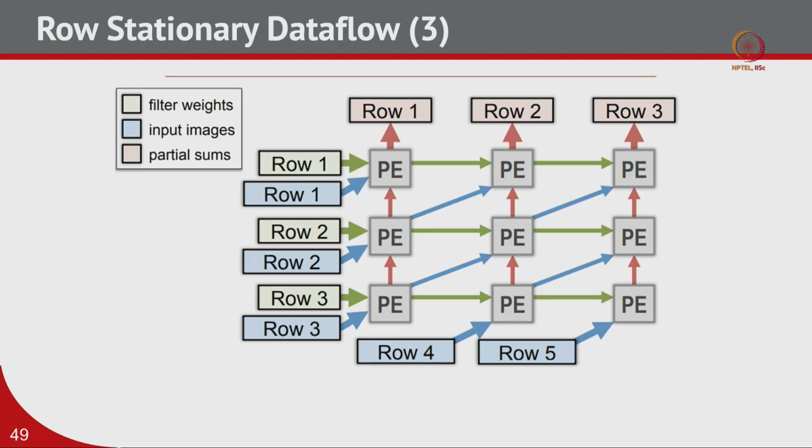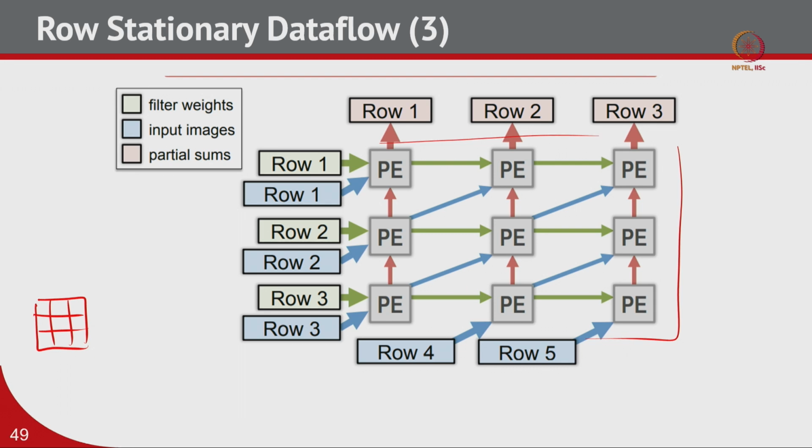Now, let us see how this row stationary data flow works in case of 2D convolution, right. So, for 2D convolution we have, let us say, this PE array, which is 3 by 3 PE, and that means we are performing a convolution with this 3 by 3 filter which is getting convolved, and then let us say we have a total of 5 rows.